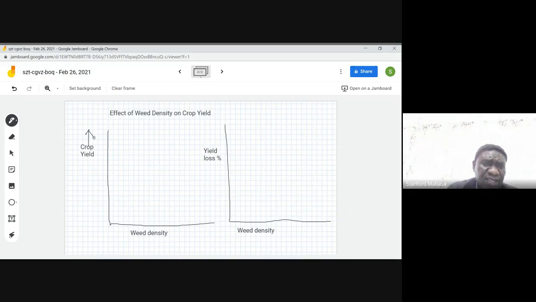So on the y-axis, we've got crop yield. This is graph A. And this is graph B.